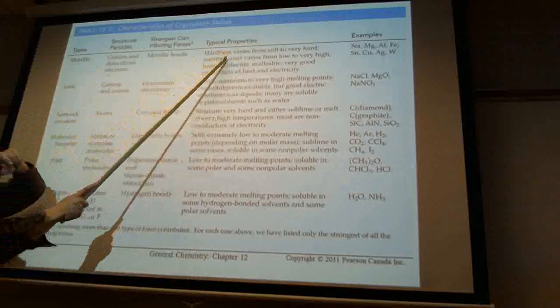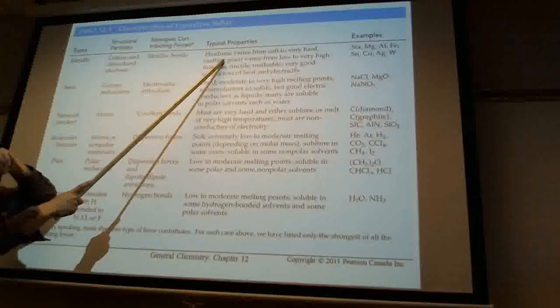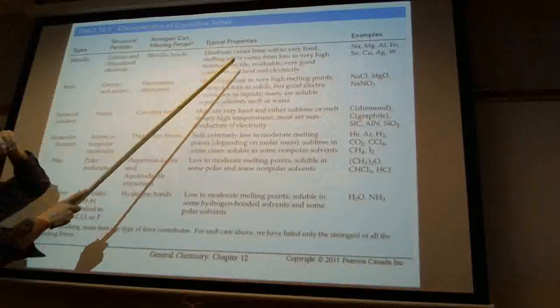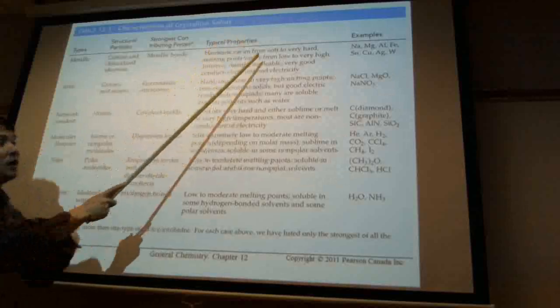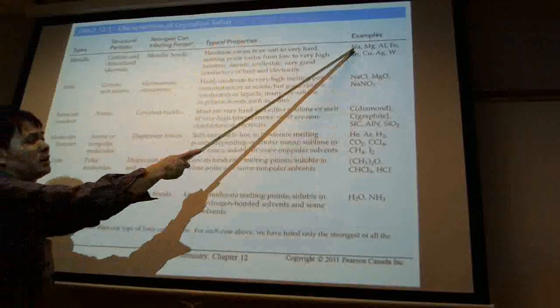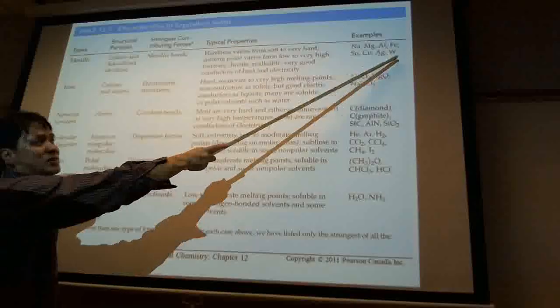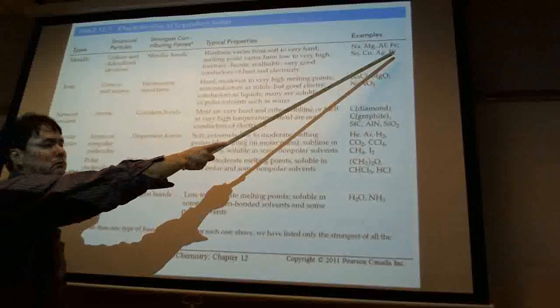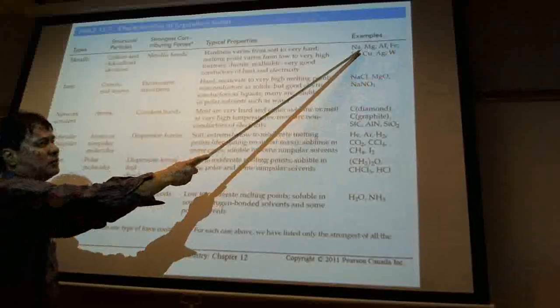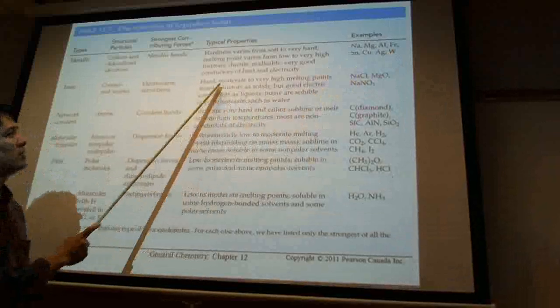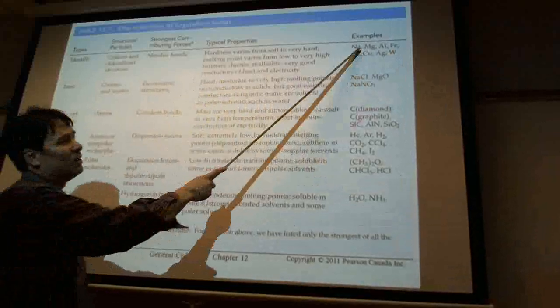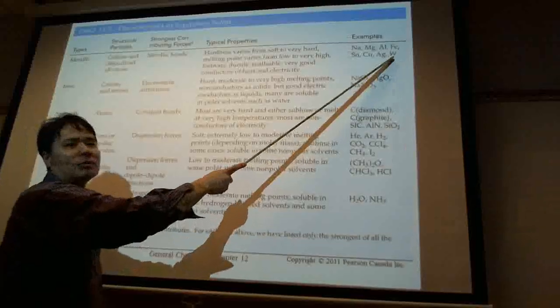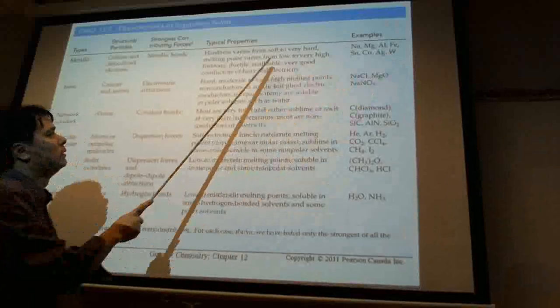Metals vary from extremely soft to extremely hard. Like sodium you can cut with a butter knife. Tungsten you can't. Tungsten's hard, sodium's soft. The melting points vary. Sodium melts at a very low temperature. Tungsten melts at a very high temperature.